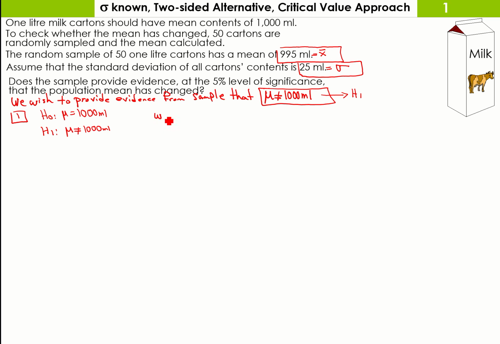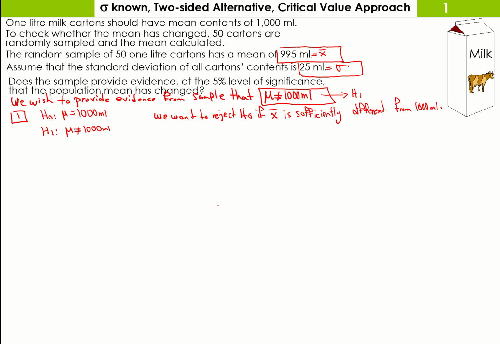In this question, actually, we want to reject H0 if the mean value of the sample is sufficiently different from 1000 milliliters.